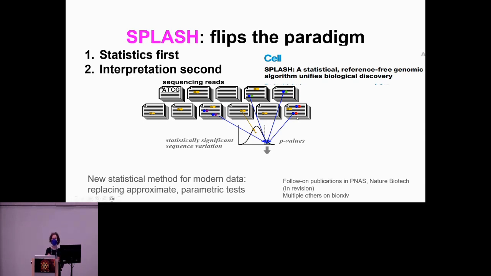So what SPLASH is doing is this counting and then feeding those counts of different colors into a statistical test, too esoteric for the time I have here. And it is looking for a signature, a very intuitive signature. Once I see blue, if I'm in one kind of file, am I much more likely to see red than if I'm in a different file?